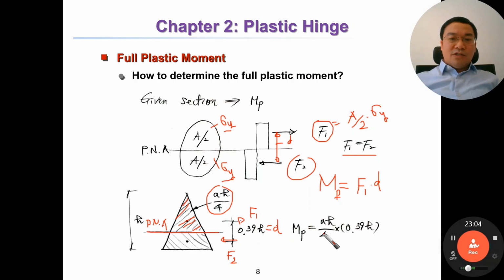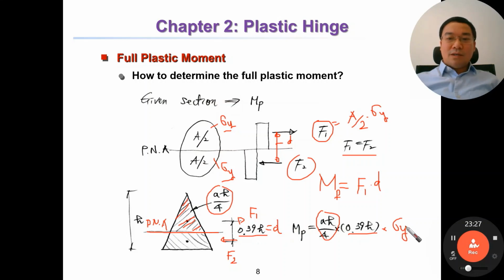Then very simple, we can calculate Mp equal to A over 4, this is the section area, multiplied by the level arm and multiplied by sigma y.